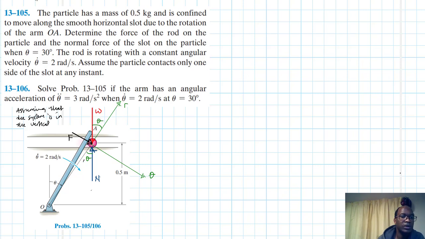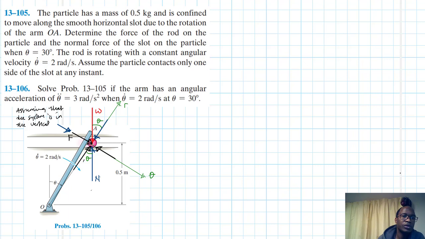So we have components of the weight, like so, and another one like so. Then we have components of the normal force, like so, and another one like so.